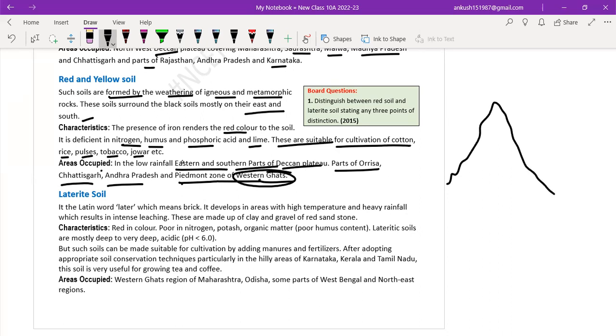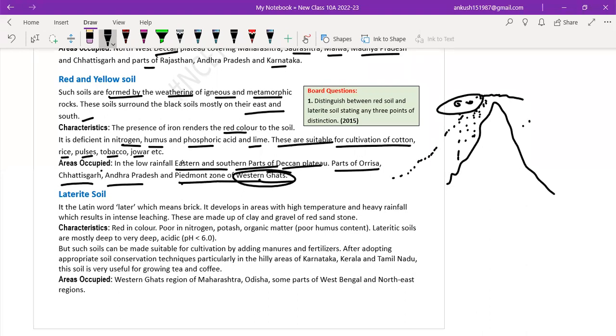Suppose it is a mountain and the moisture-laden air comes over here and makes the clouds. The area where the clouds are formed is where the rain falls. Whatever clouds remain cross this mountain, and only a very little portion of rainfall we can see on this side, or else it is not rain at all.